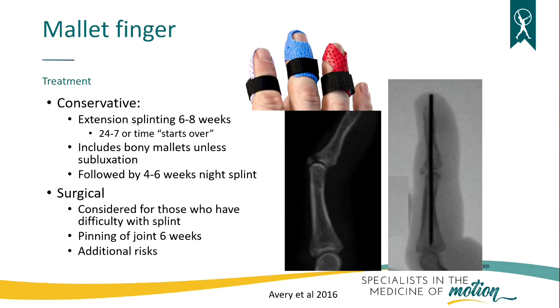The majority of these, even in athletes, can be treated with a brace, but the key here is that you need significant compliance. Those braces need to be on 24/7, and if the brace comes off and the finger droops, time starts over because they're disrupting that healing. In some cases, we'll treat these surgically for patients, perhaps, who are getting their hands wet and can't keep the brace on.